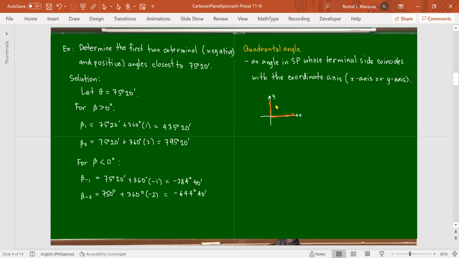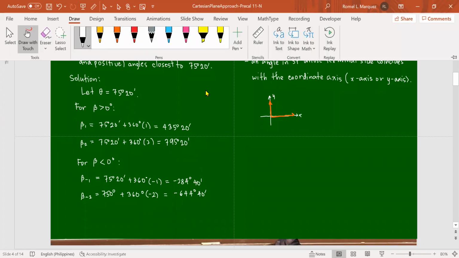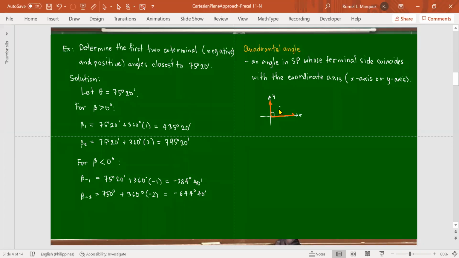What about 270 degrees? Negative 270 degrees, it's coterminal, that's also a quadrantal angle.